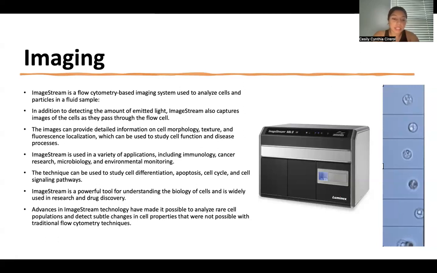So it is a lot like the flow cytometer, except you're actually taking images of it. And this right here is images of a positive control from our cyclosporiasis that we got from the CDC.